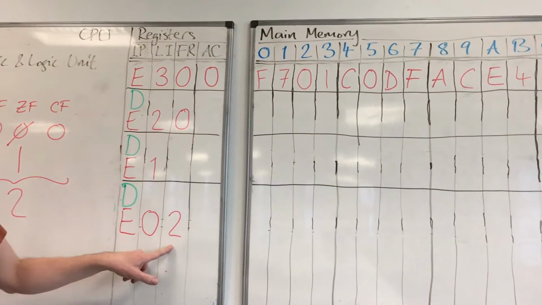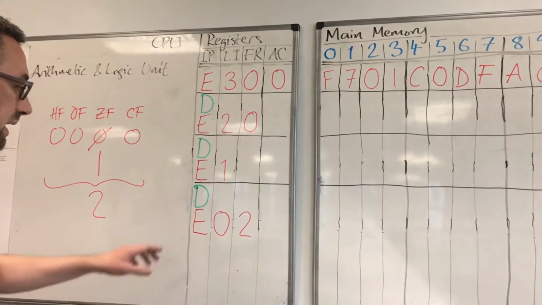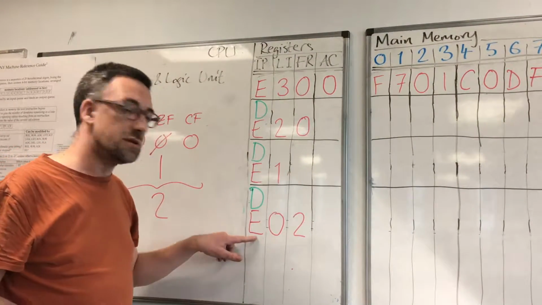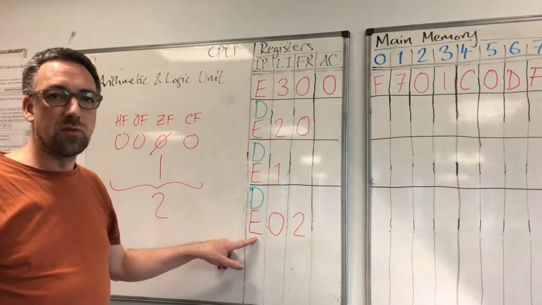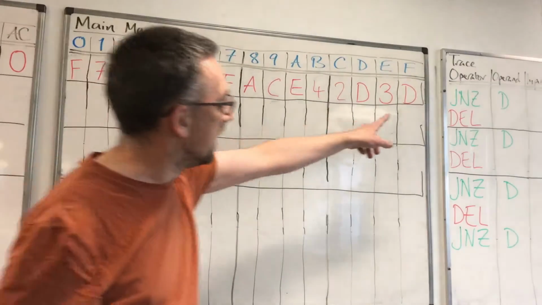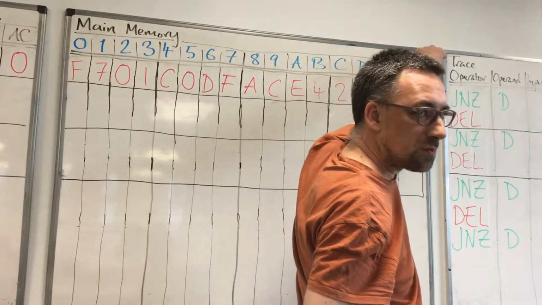then we don't jump. So what we have to do is add 2, the size of the instruction, to the instruction pointer. Now E plus 2 takes us past the end of memory. E plus 1 is F, plus 2 is what?